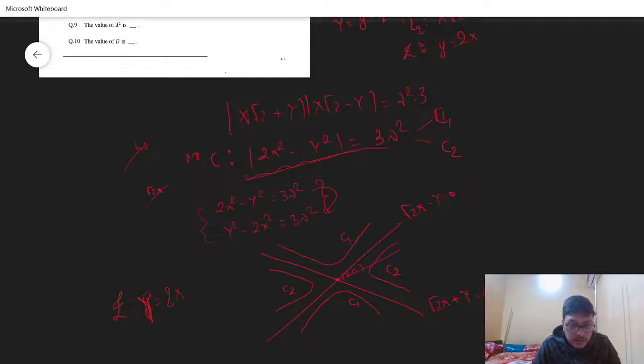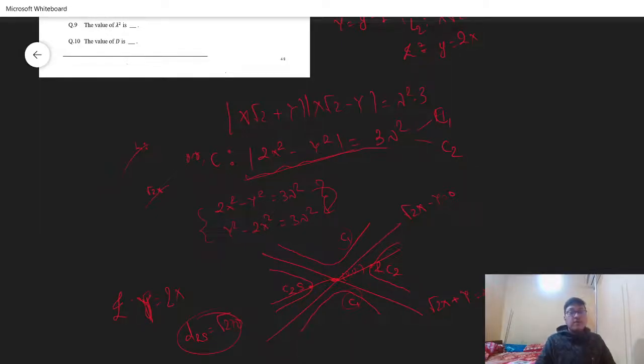If it cuts one branch of the hyperbola, C1 here, then it must cut C2 here. It will not cut C2, C1. So this point is R, this point is S, and we are given distance RS equals under root 270.